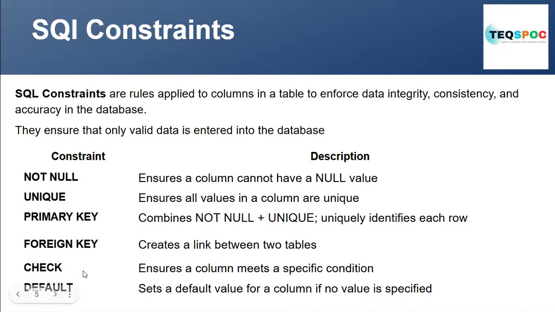Check constraint is used to specify some condition, like age should be greater than 30, or age should be greater than 18. That is a check constraint. Default sets the default value for a column. It means if somebody does not put any value in your field, then the default value will be put for that column.